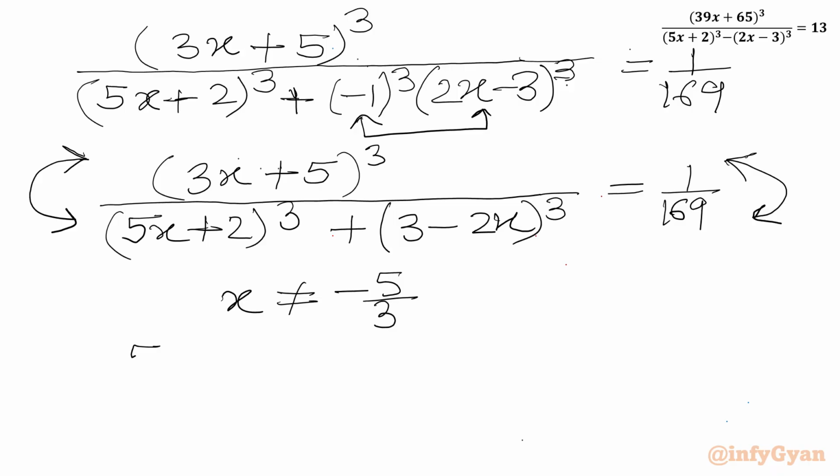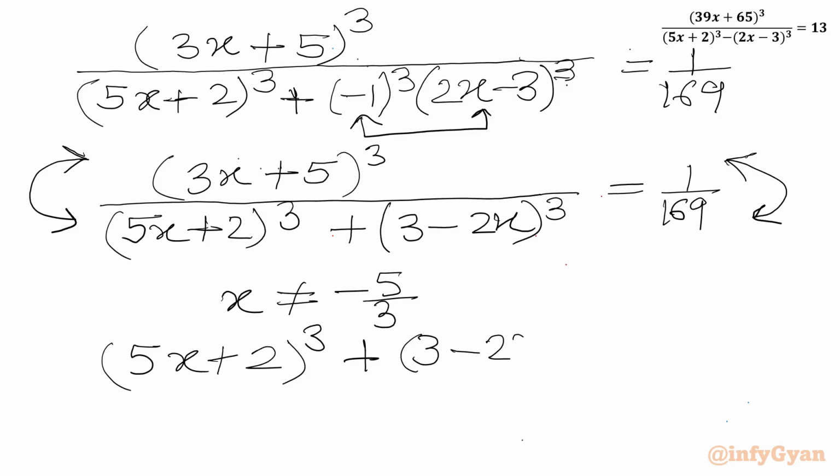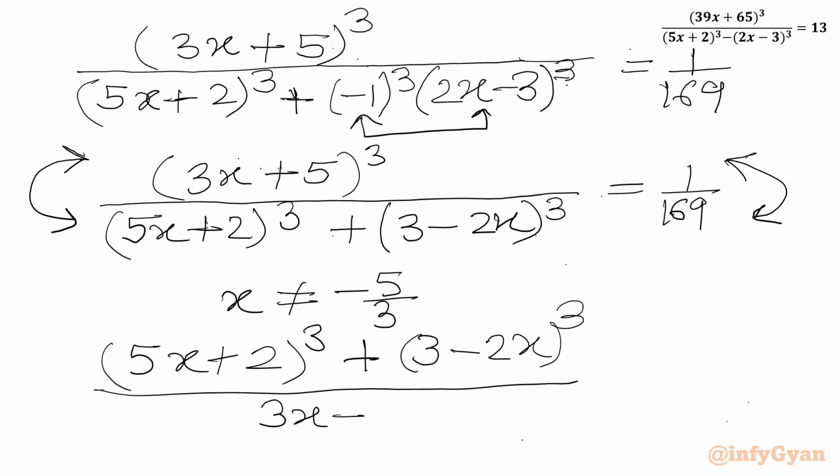We will be getting (5x plus 2) whole cube plus (3 minus 2x) whole cube over (3x plus 5) whole cube. This will be equal to 1 over 169, reciprocal of that, so 169 only. Now I will split our numerator with respect to denominator.